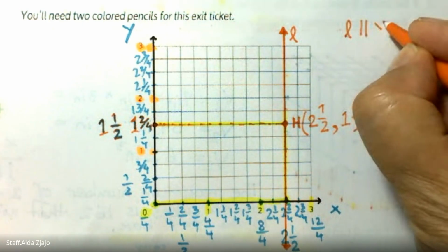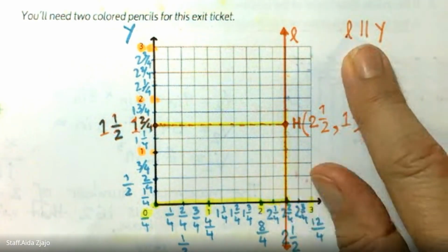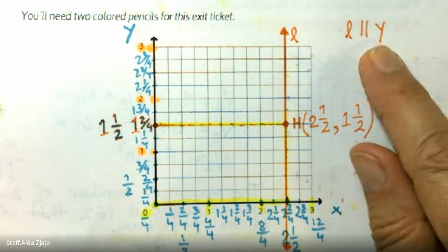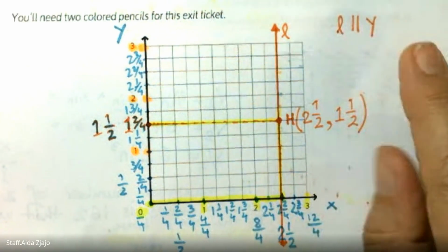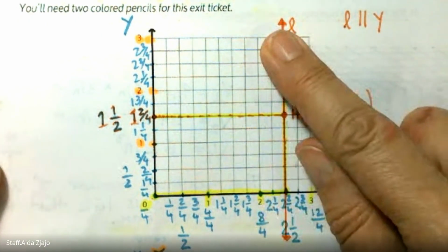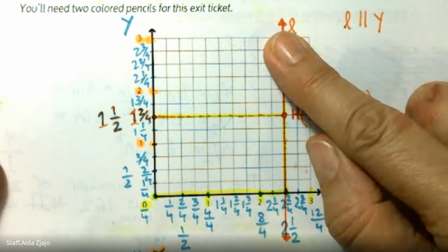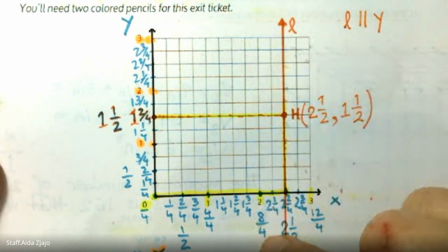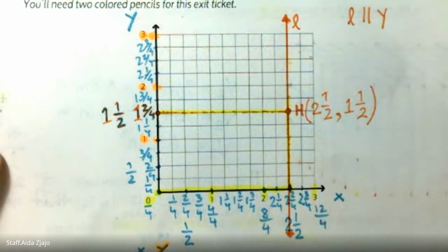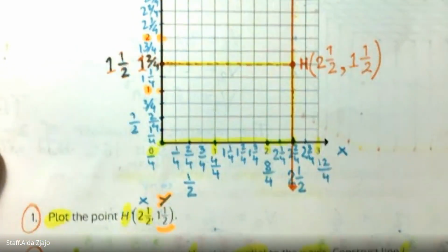Even if I don't know the symbol, this is geometry language: line L is parallel to line Y. You should put an arrow on each end because that represents that the line goes forever. It doesn't stop. It's not a line segment. It goes forever. Okay, we are done with number 2.